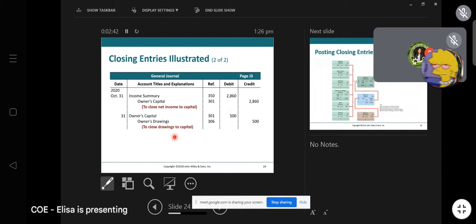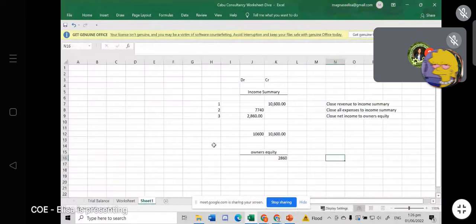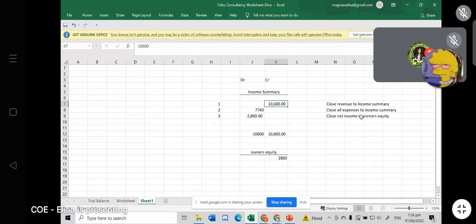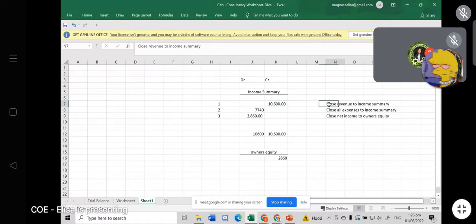Then entry number 3 will be. So what happened is that in our entry number 1, we debit service revenue and credit income summary. That's closing revenue to income summary.